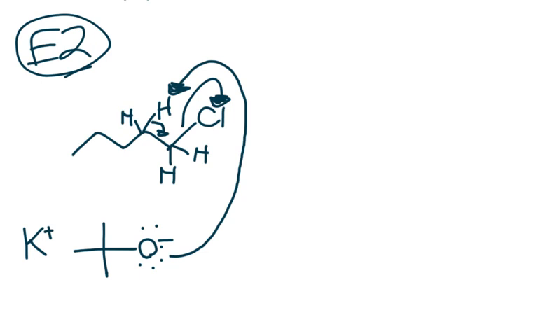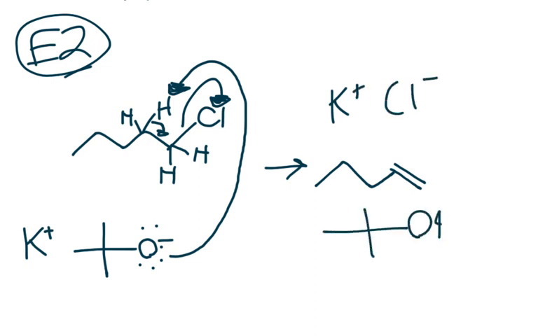So in the end, we are going to have our product, which has 1, 2, 3, 4, yeah, it's going to go like that. And we have K+, we have Cl-, and we have this tert-butyl alcohol that got an H+ on it.